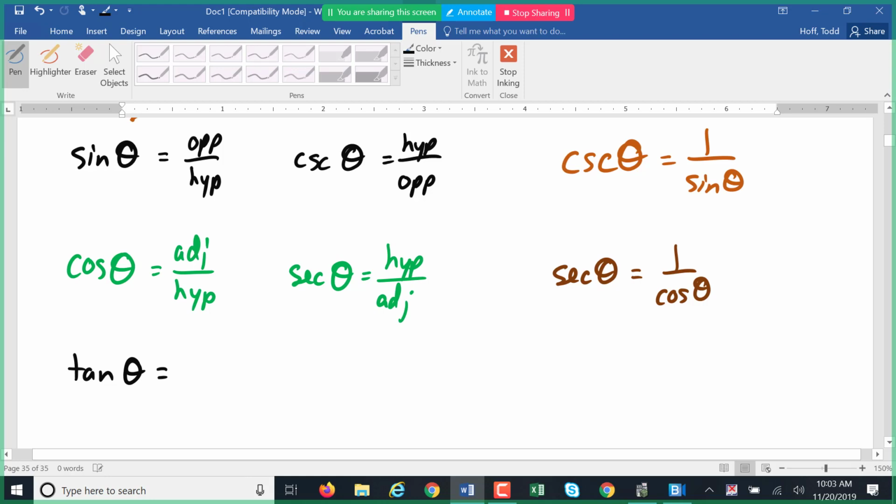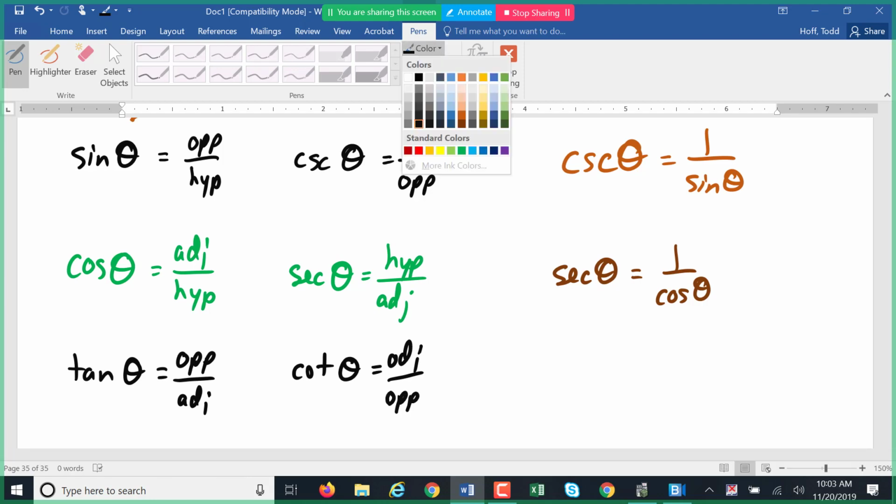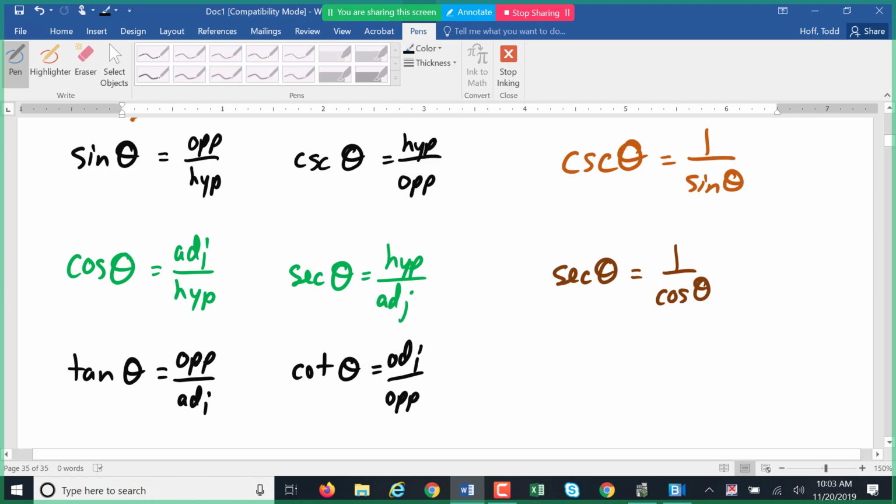The value of the tangent is the length of the opposite side over the length of the adjacent side. The cotangent of that angle is going to be the length of the adjacent side over the length of the opposite side, giving us that the cotangent of an angle is the reciprocal of the tangent of that angle.